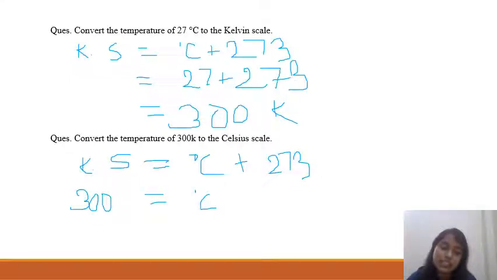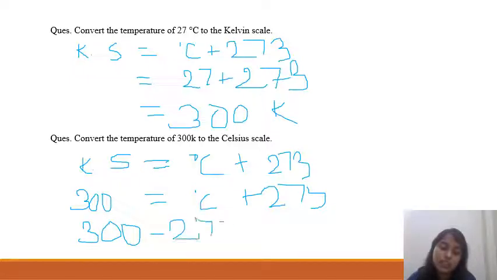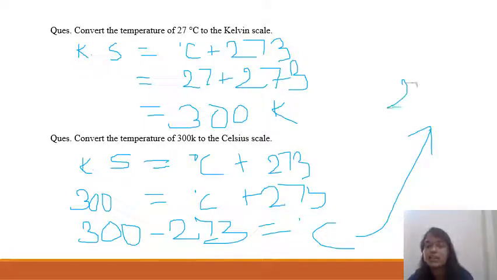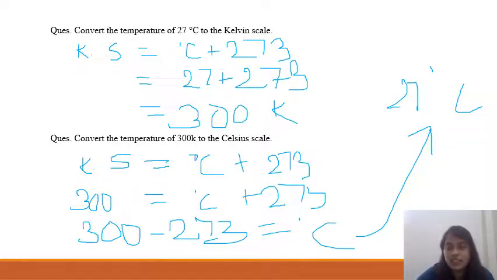So just write it as it is, plus 273. Now just subtract 273 from 300. So it is equal to degree Celsius. The answer we will get is 27 degree Celsius. Okay, students, just practice this type of question. It's very important.